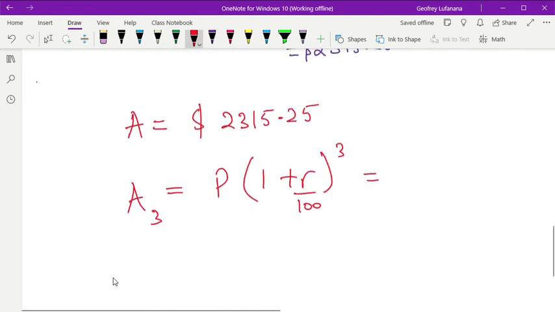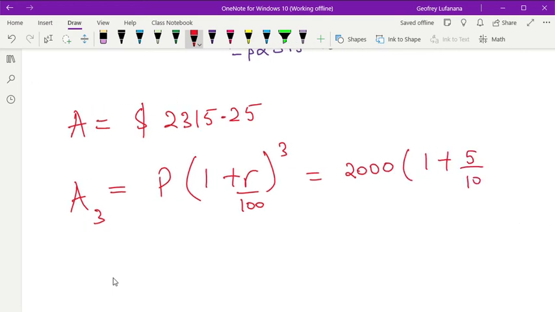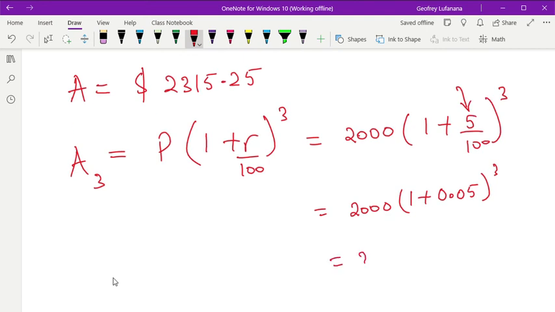So I have 2,000 into 1 plus 5 over 100 to the power 3. It's faster if you write this as a decimal: 2,000 into 1 plus 0.05 to the power 3, so I can write it straight away as 2,000 into 1.05 to the power 3.